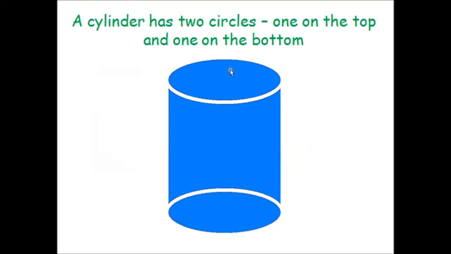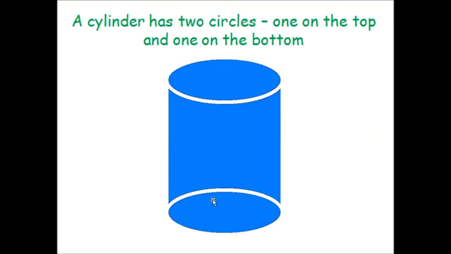A cylinder has 2 circles, one circle on the top where my arrow is pointing, and one circle on the bottom where my arrow is pointing here. So it is made up of 2 circles, one on top and one below.